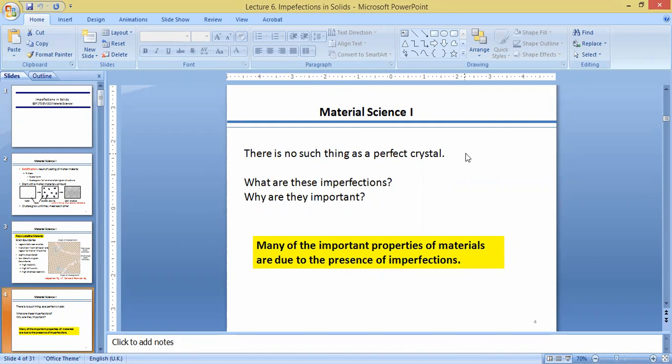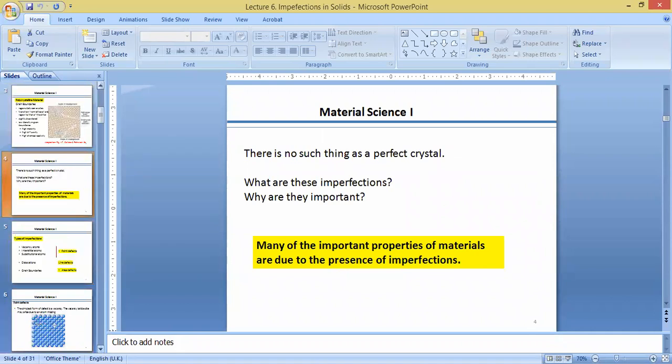Okay, so there are a number of properties that are enhanced, not just the negative side of imperfections. There's also a positive side that comes with imperfections of materials that we take advantage of. Alloying, for example, is when you have atoms belonging to another material joining with atoms of another material.